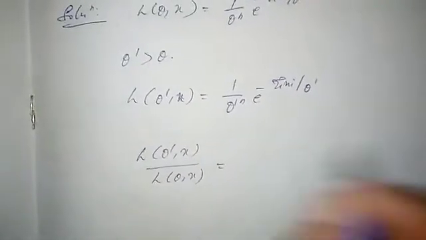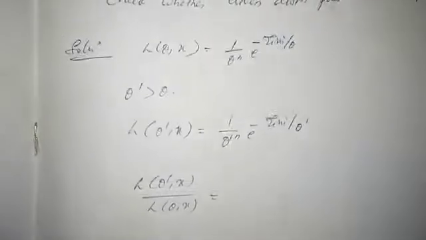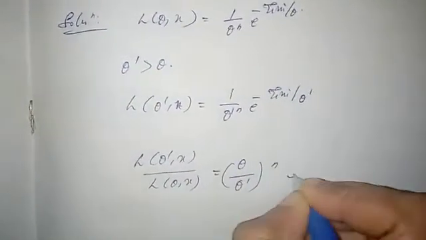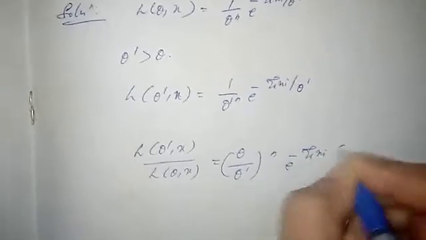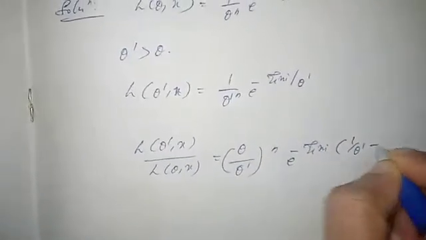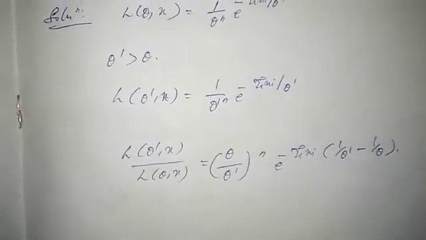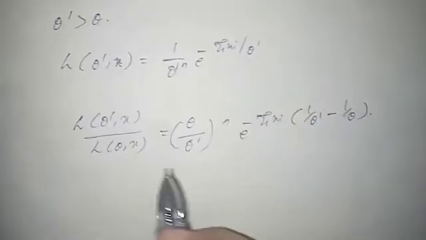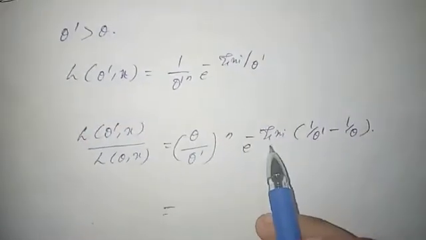That is theta divided by theta dash power n e power minus summation xi times (1 by theta dash minus 1 by theta). So here the minimal sufficient statistic is summation xi.